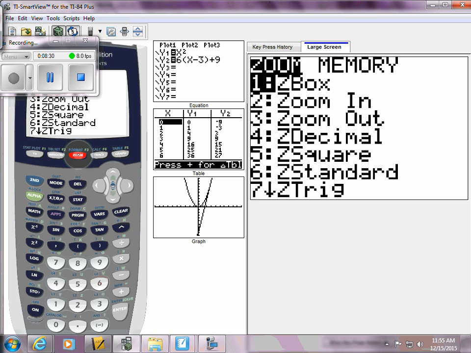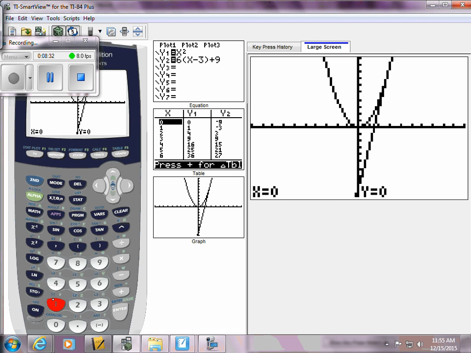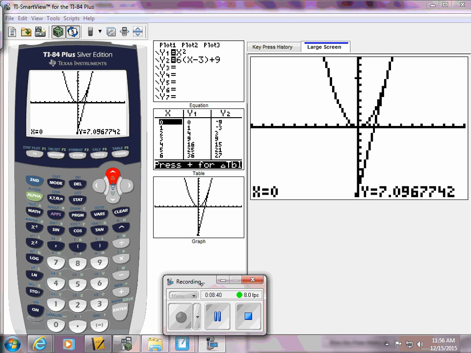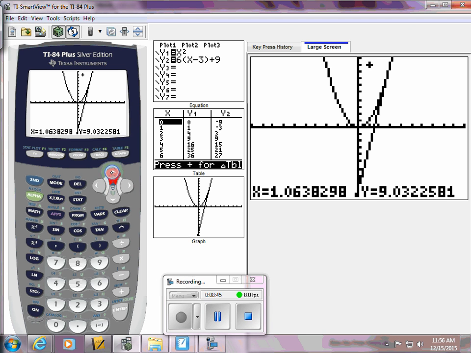So I'm going to press zoom 1. I'm going to move to one corner of my window. I want it to be way up here. Well, that's annoying. Move up to... and you can see the x and y coordinates here, so that makes it kind of nice. All right, I'll say I want that to be one corner, enter.